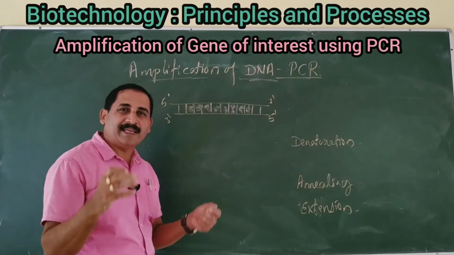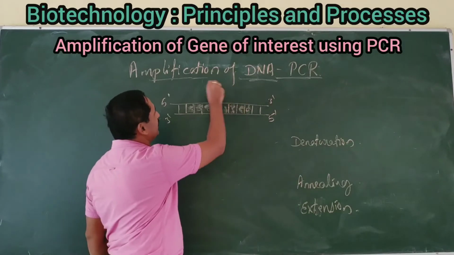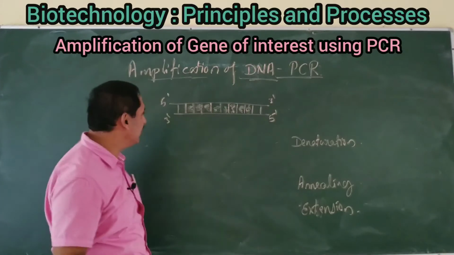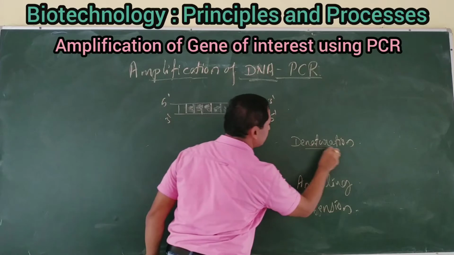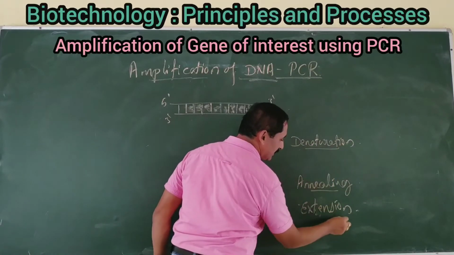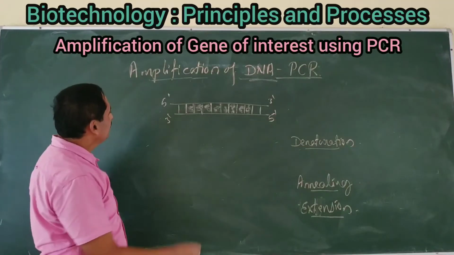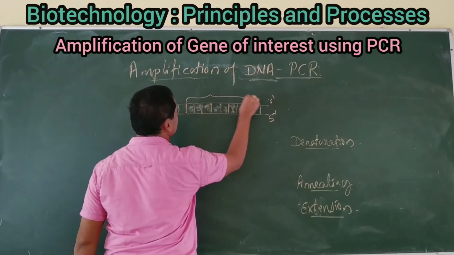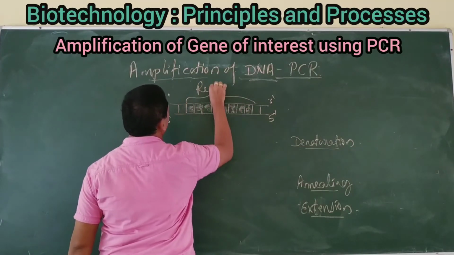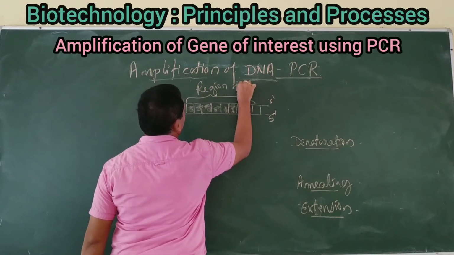So the polymerase chain reaction, or amplification of DNA, involves three important steps: the first one is denaturation, the second one annealing, and the third one is extension. Okay, this is the region to be amplified.